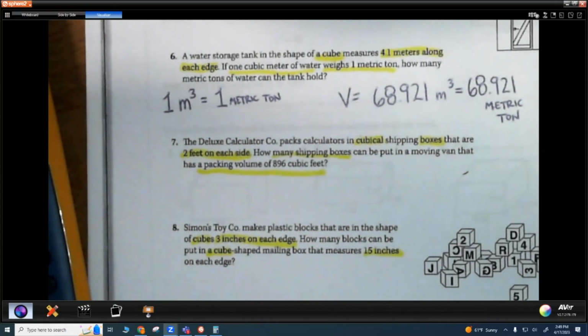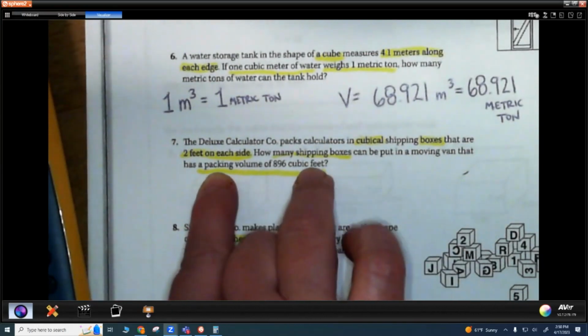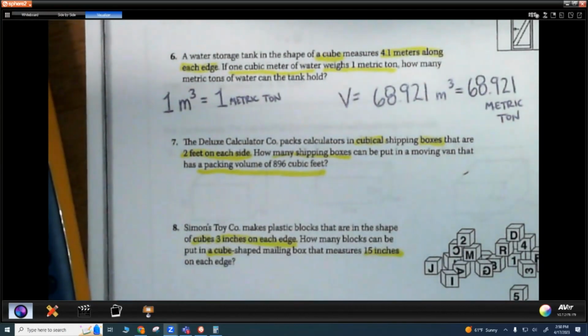The shipping boxes. Yeah, but I don't know if it's like a square van. I guess since they're calling it packing volume, they're saying volume, like this is the capacity. No, 112 shipping boxes.